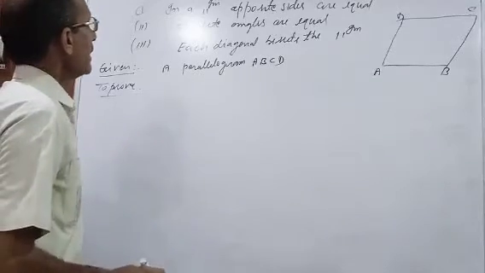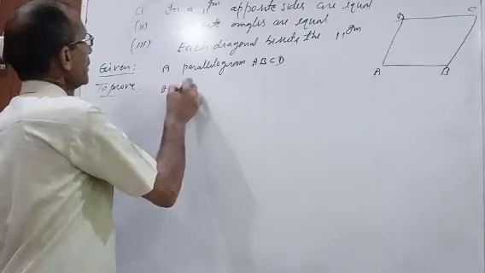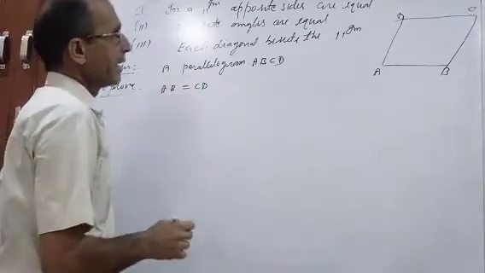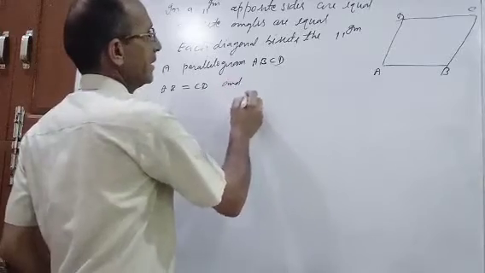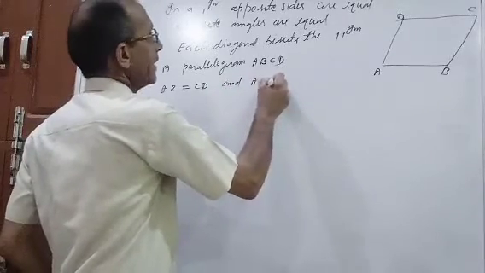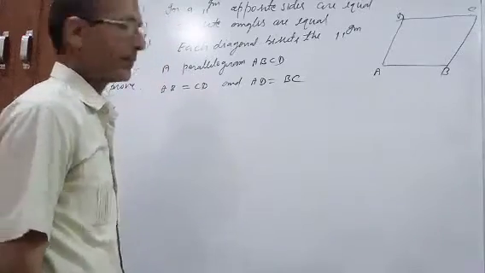First part, AB is equal to CD and AD is equal to BC. We have to prove this one.